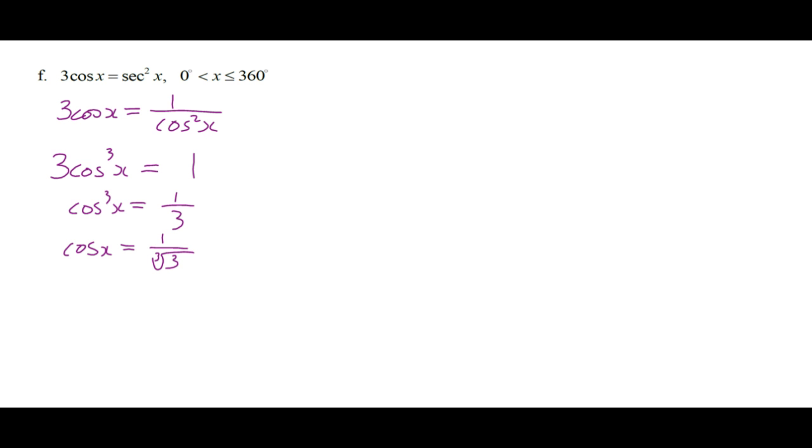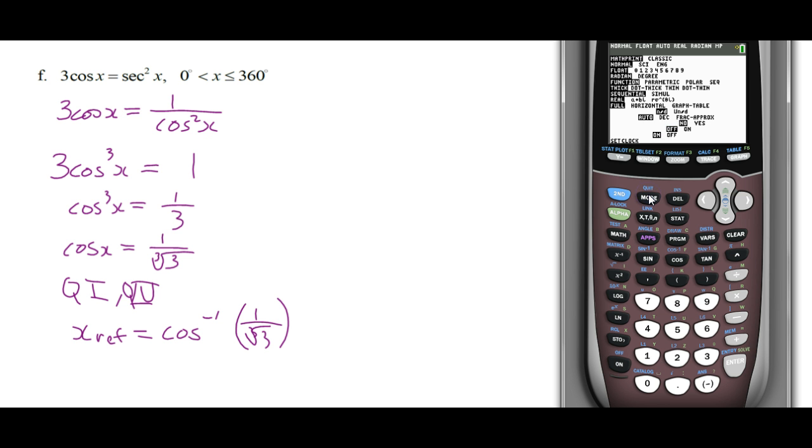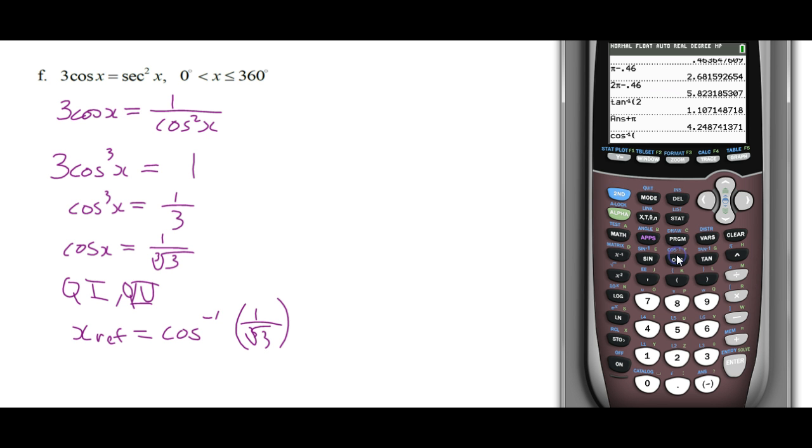Which we don't have to do, right? So this is quadrant 1 and 4. What's x? X ref is the inverse cosine of 1 over cube root 3. In degrees, right? Mode, degrees, inverse cosine of 1 divided by cube root 3.